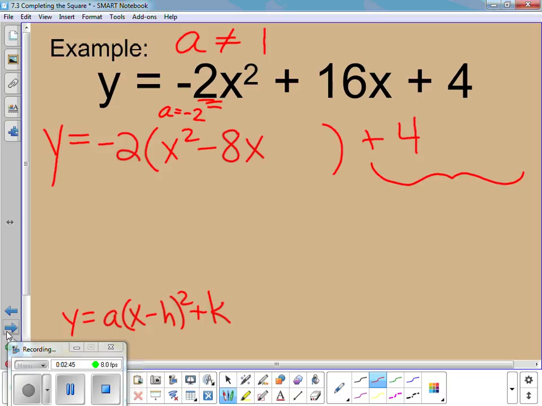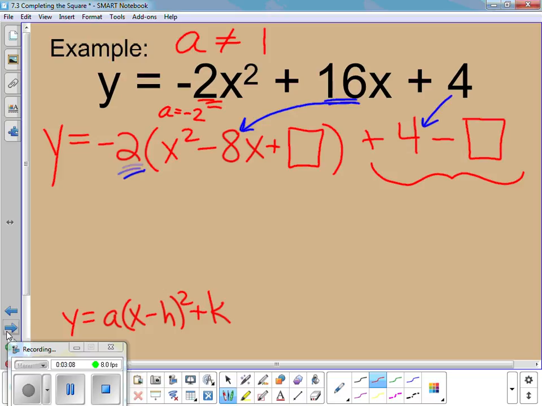So we still want to add a mystery number called the square. And whatever we add, we have to subtract. But here's where these problems get tricky. First of all, we had to divide out the -2 in the front. Did that affect the 16? Yes. Did it affect the 4?